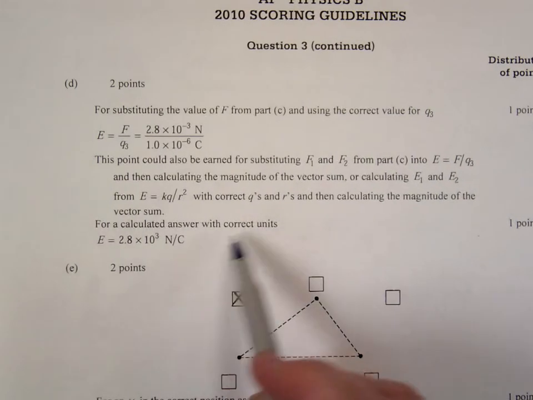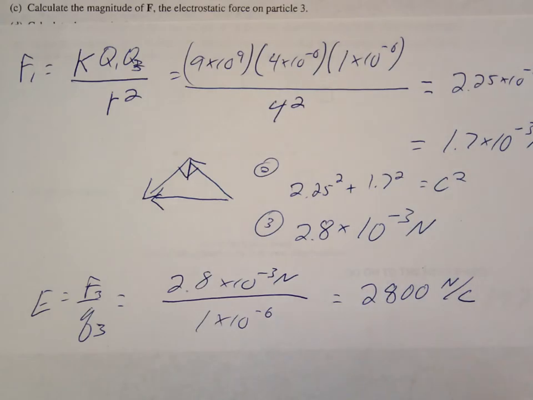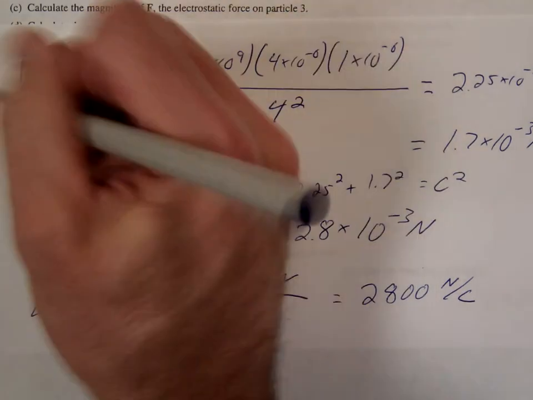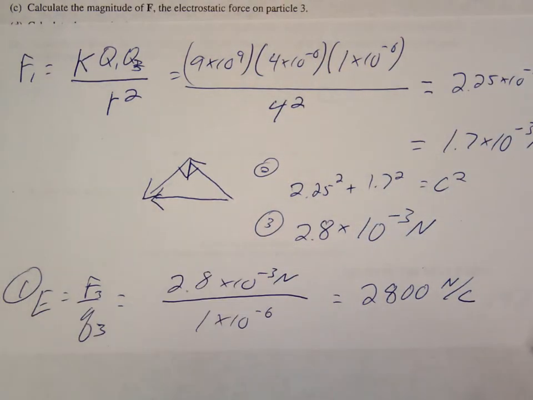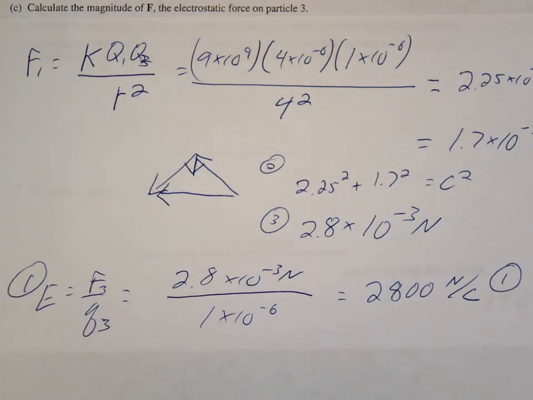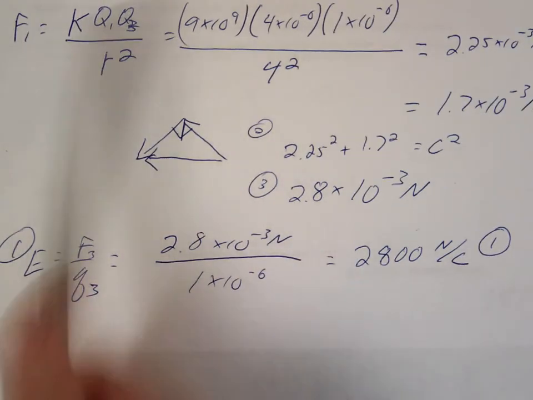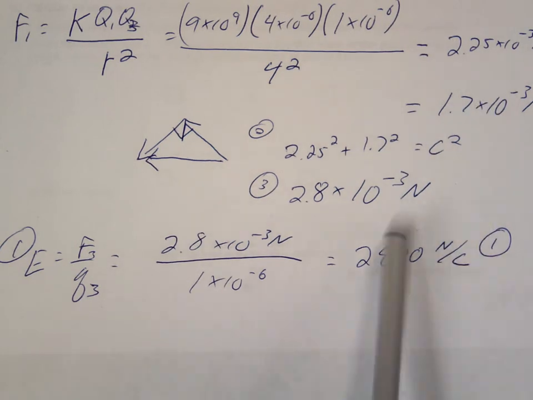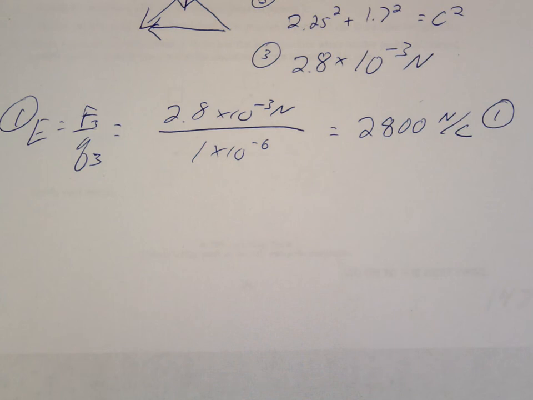So make sure you're putting your units down there. This was worth 2 points. So basically 1 for this part, and then 1 for the answer. And you got the right answer, right? Yeah, so you could do it the long way, where you are doing what you did earlier, but this is for ease. Okay, last question.